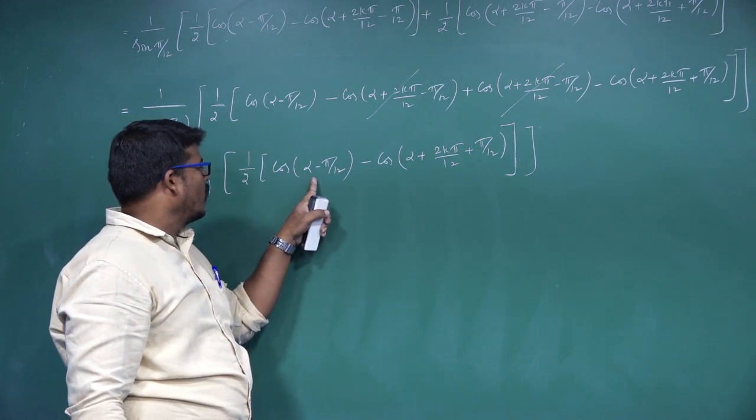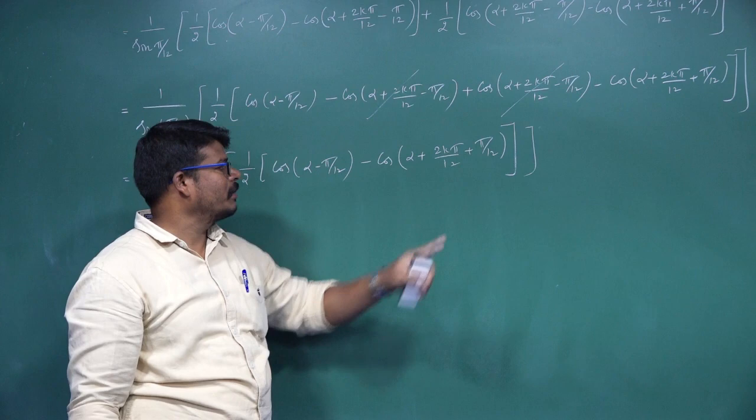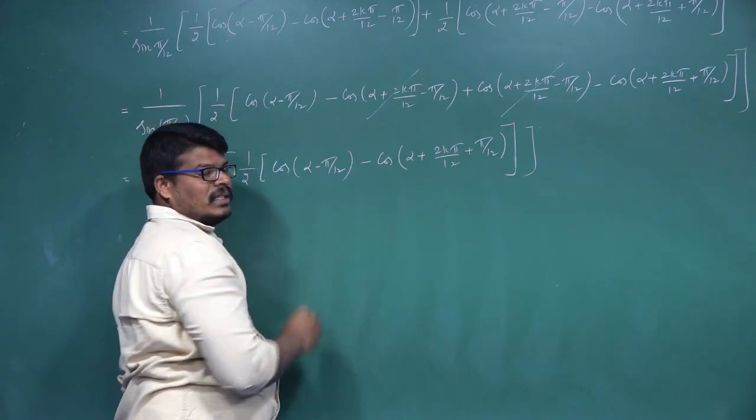1 by 2, cos of alpha minus pi by 2 minus cos of alpha plus 2k pi by 12 plus pi by 12 is cos c minus cos d.